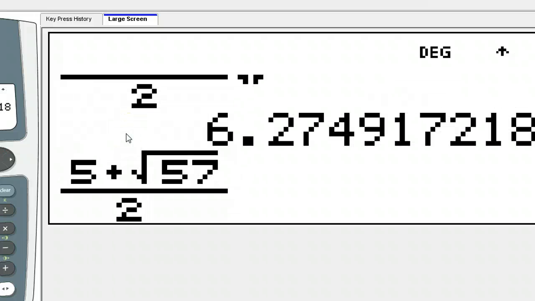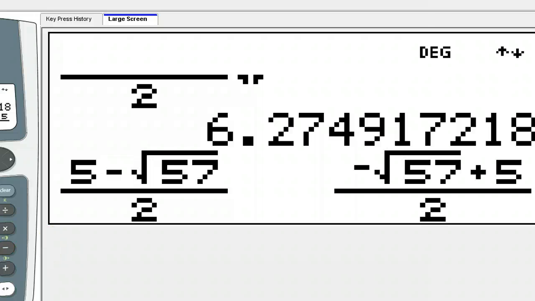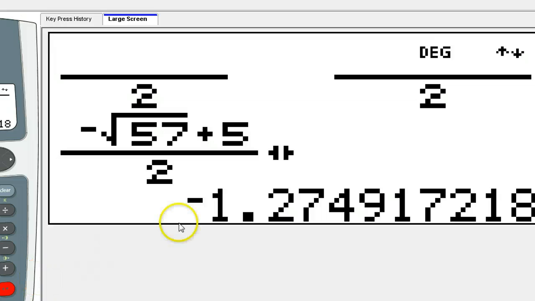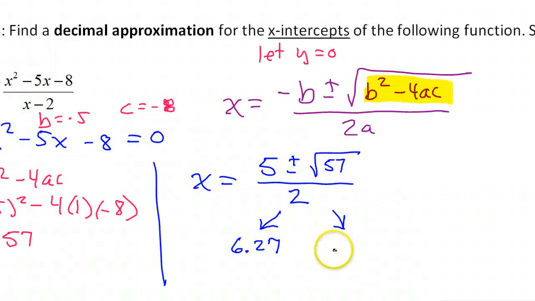Now I can just arrow my way over and change this to a negative and hit enter. Again it just switches it around first, but I'll just toggle it. So that gives me negative 1.27. Of course I could have just typed it in again with a negative if I wanted to.